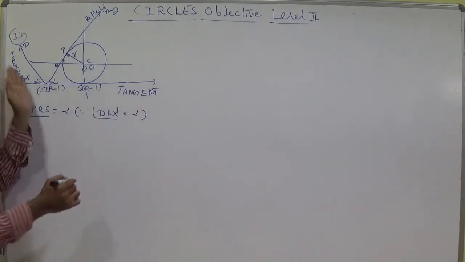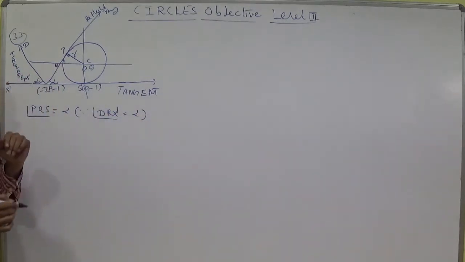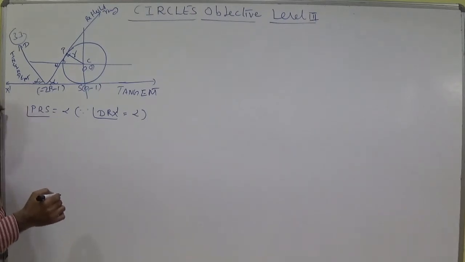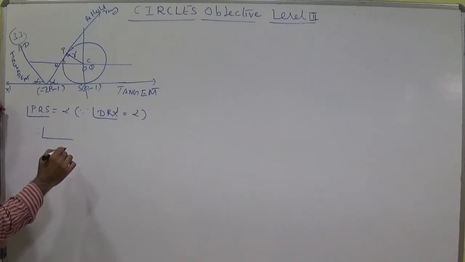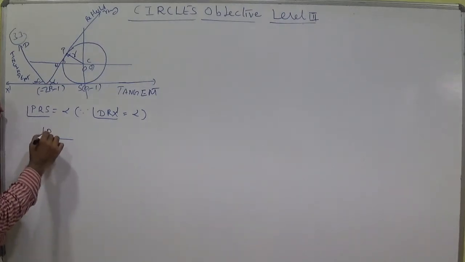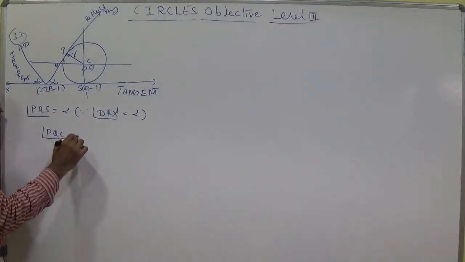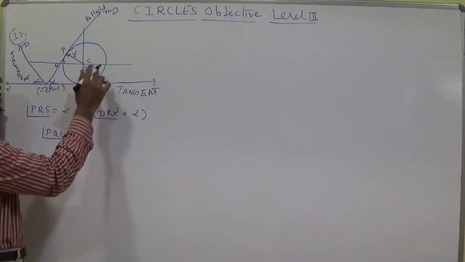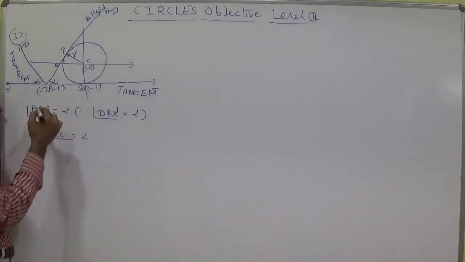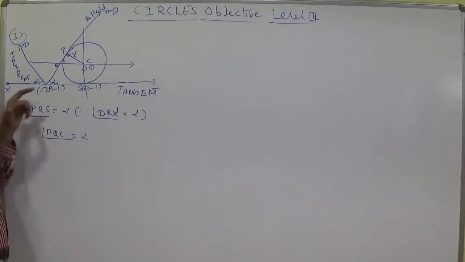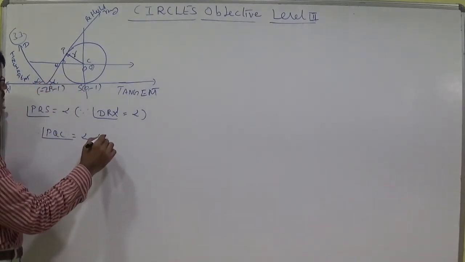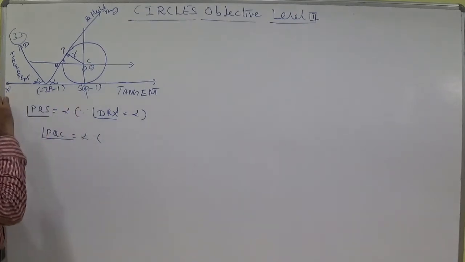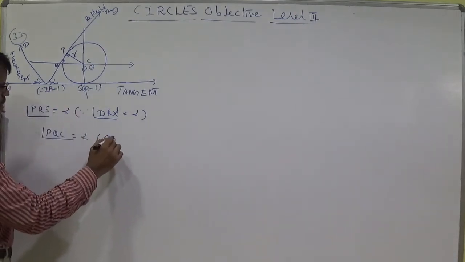This is the original angle, this is the reflected angle, both are equal at the reflecting point. Therefore angle PQC is equal to alpha, because PR is a transversal line between the two parallel lines. So the concept is corresponding angles.